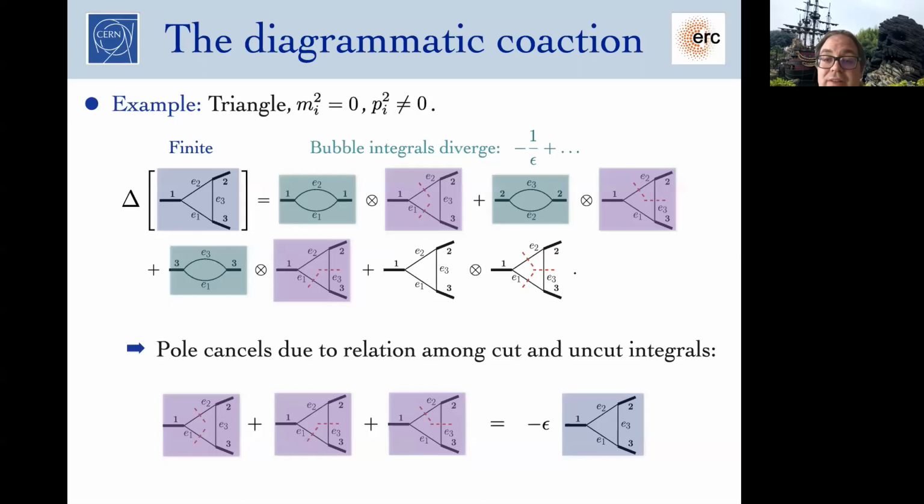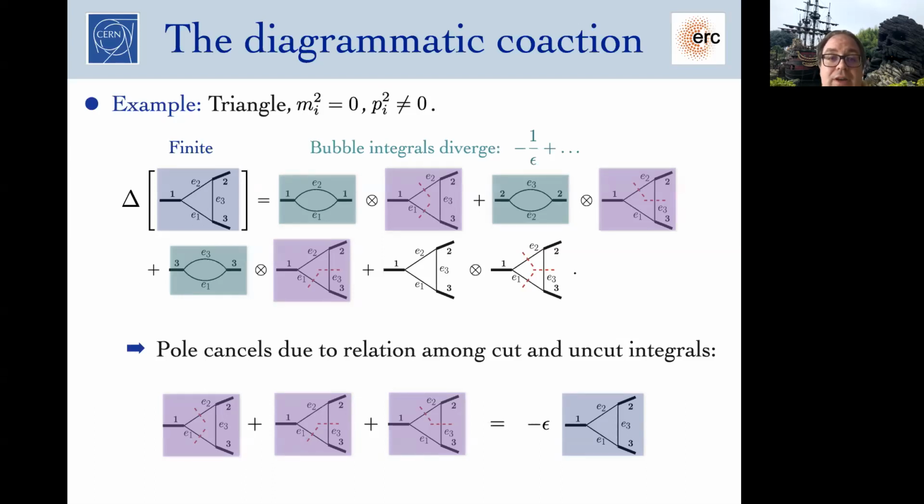And you see that all these bubbles have the same pole. So the coefficient of the pole is just the sum of all the double cuts, which are proportional to epsilon times something finite. So the poles cancel. So there's really a very intricate interplay between the way the contours organize, the relations between the contours, and the fact that this coaction works order by order in epsilon.